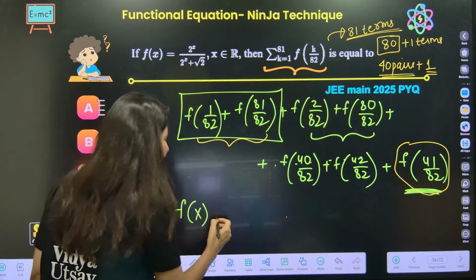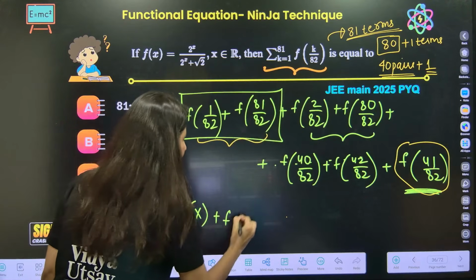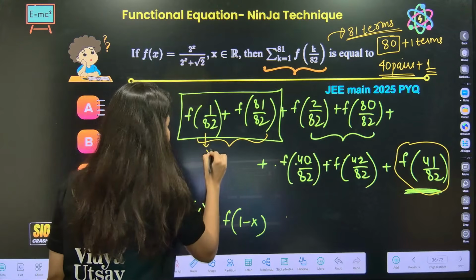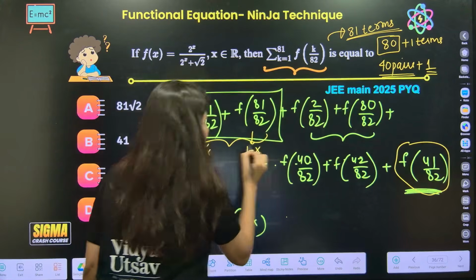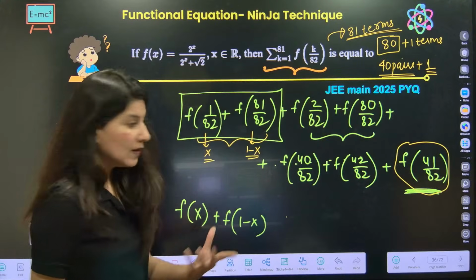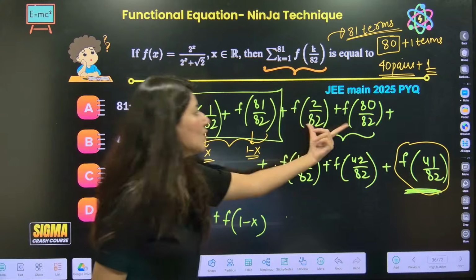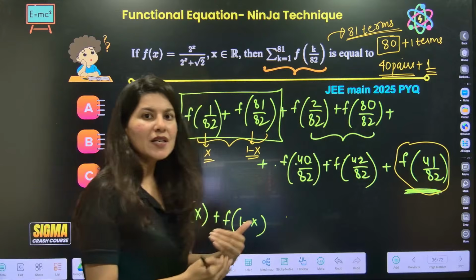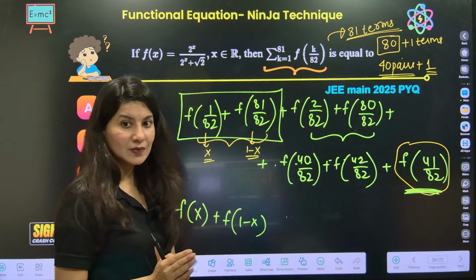If you mark this as x, this next thing is 1 minus x, right? So if this is your x, this will be 1 minus x. Why? Because the sum of these two is 1 right now. If you are able to decode, this is also f of k, f of 1 minus k. Okay. All the pairs are having the same pattern. Correct?